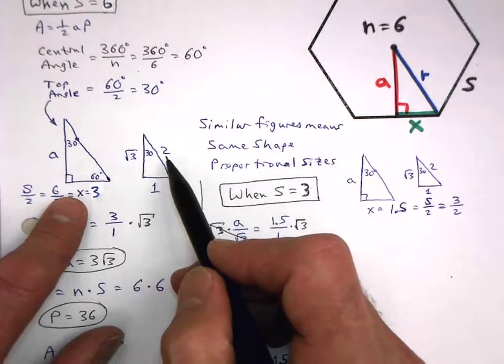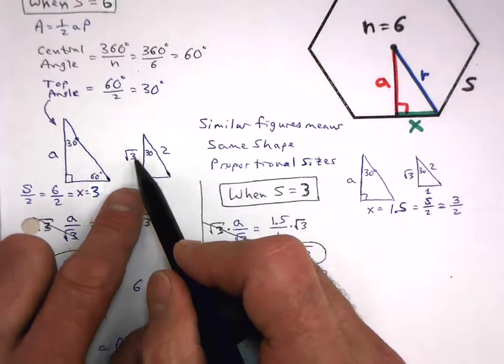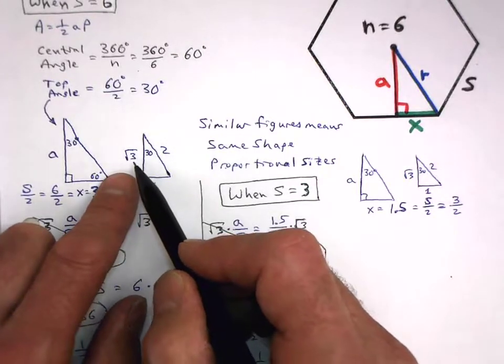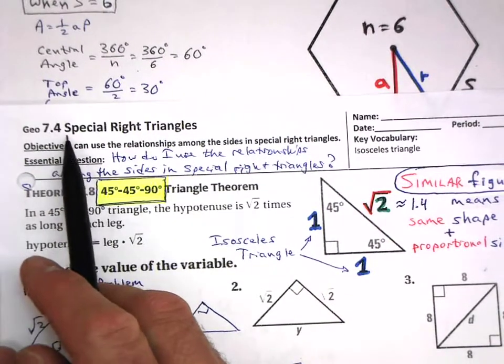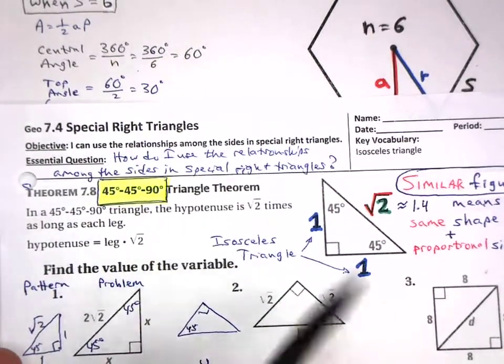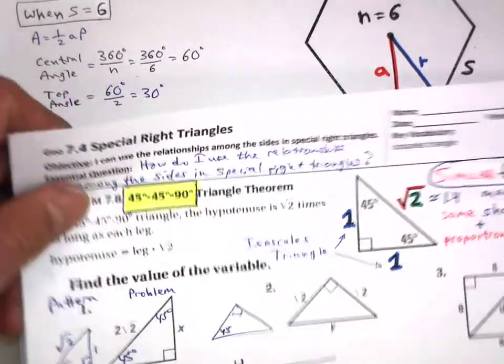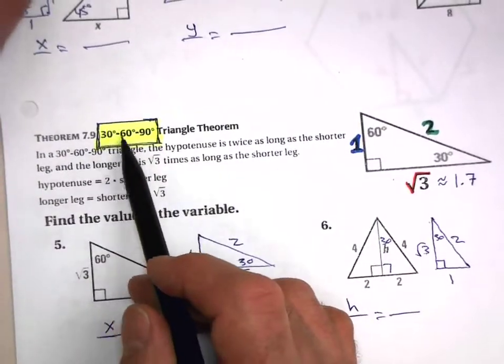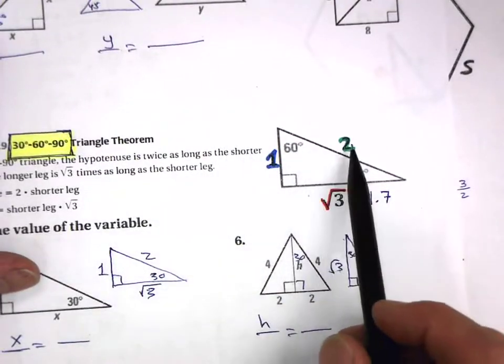And you remember that 2 is a bigger number than square root of 3, which is approximately 1.7. And by the way, this is all coming from 7.4. So if you wanted to review how to do special right triangles, you can go to your 7.4 notes, and here's the 30, 60, 90 triangle, and that pattern of 1, 2, square root of 3.